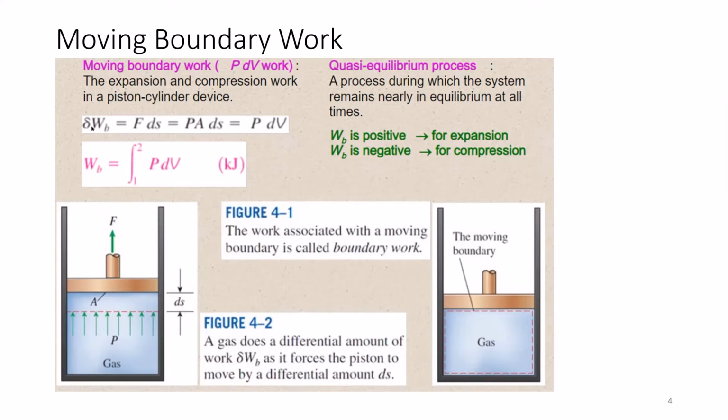If you think about this as some incremental part of work, it is equal to whatever the force is times that incremental distance, okay? So we can define this basically as pressure times area, right? Because pressure is defined as force per unit area, times that little incremental distance.